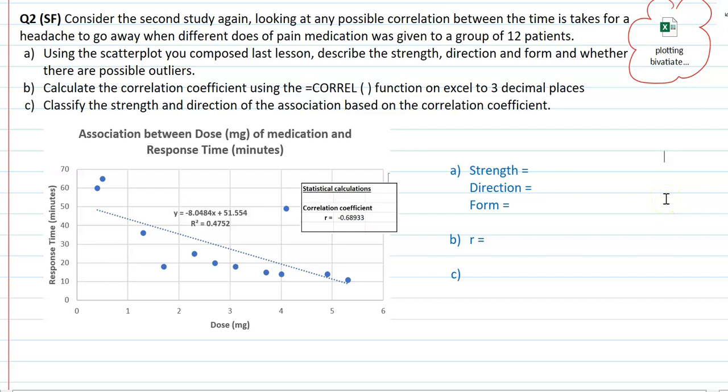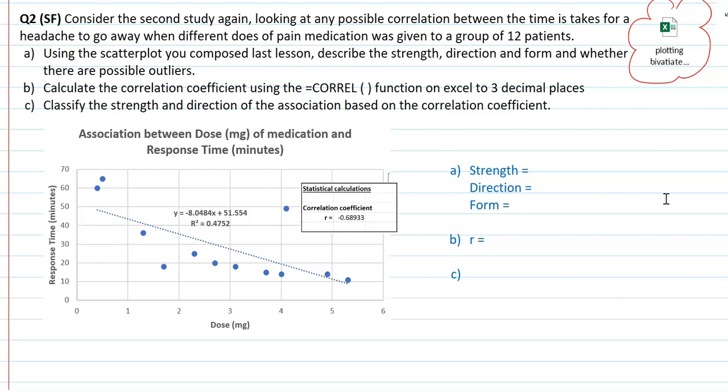Okay, so time to do a little bit of analysis. Based on the strength, it looks moderate to me. The points aren't terribly close to the line, but you can still see there is a linear trend there. So direction is negative from left to right, and form, as we said, looks linear.